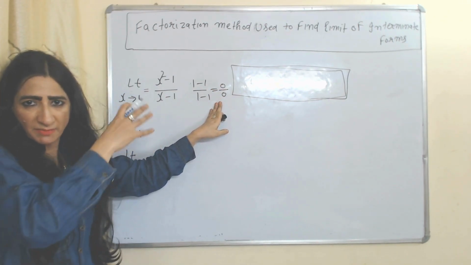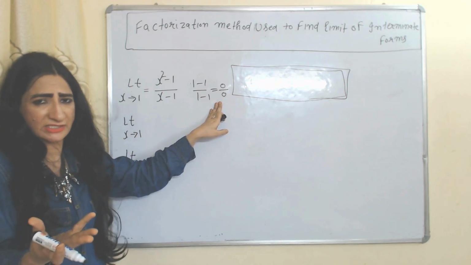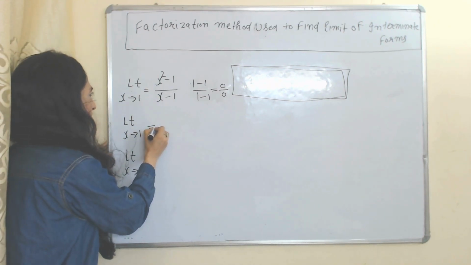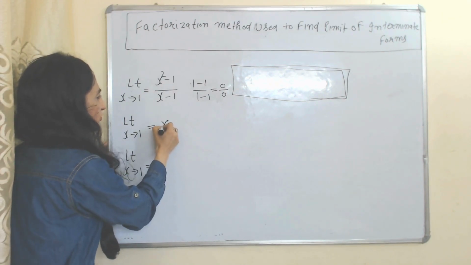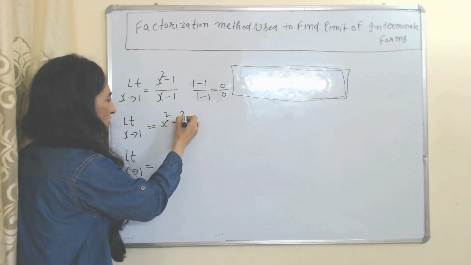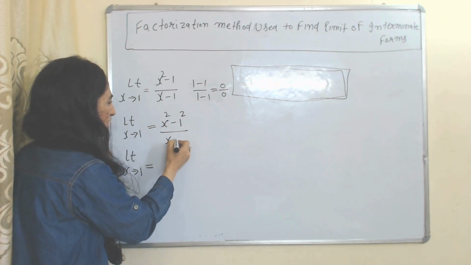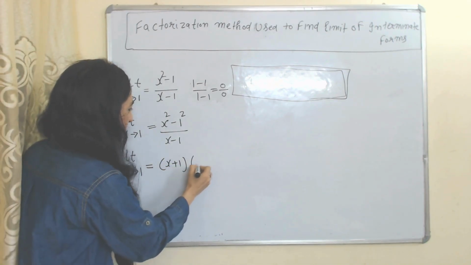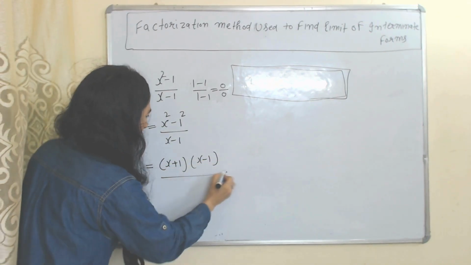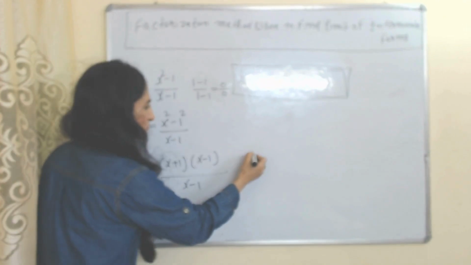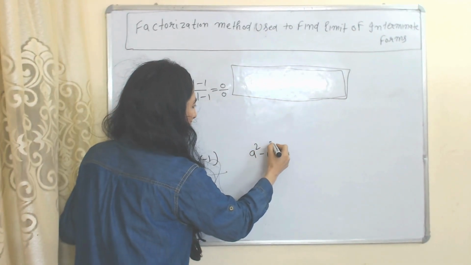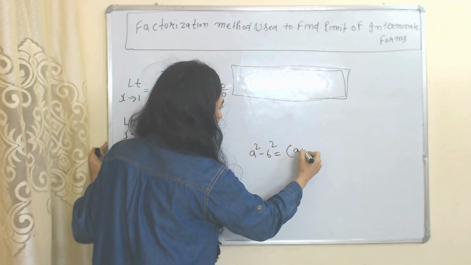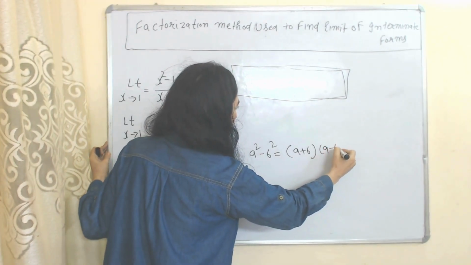Now we will simplify this through factorization. So x squared minus 1 squared over x minus 1. We can write (x plus 1)(x minus 1) over x minus 1. As we know, a squared minus b squared equals (a plus b)(a minus b).